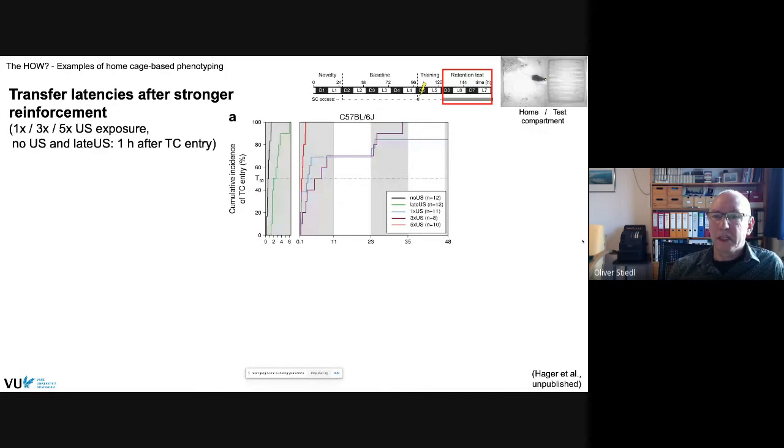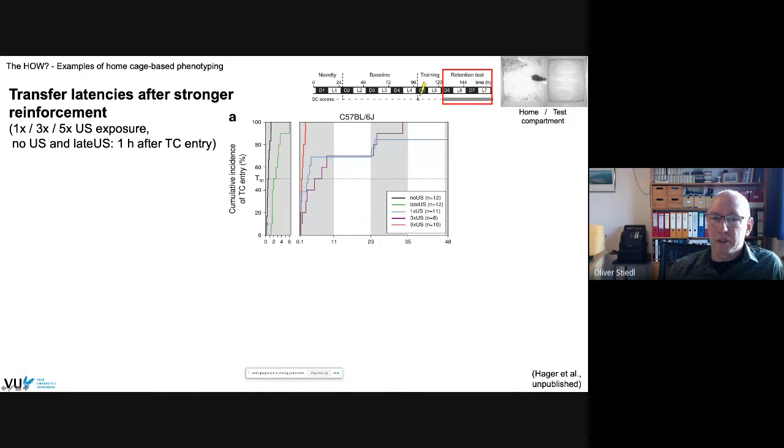Now comes the second level on this. We tested what is happening if we give different reinforcement strength, different shocks. And we also included, that was initially a software mistake, a late shock group. The late shock group is a group that was enclosed here and shocked in this compartment 1 hour after it entered. So this is a latent inhibition group.